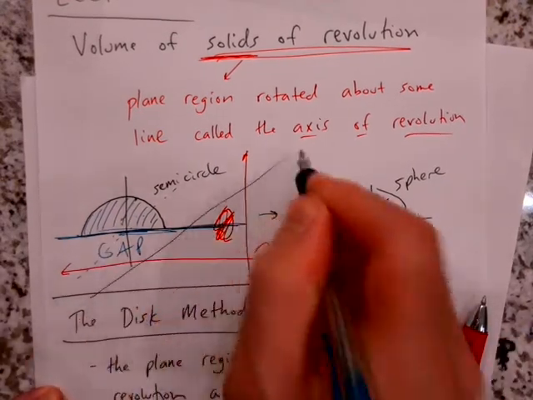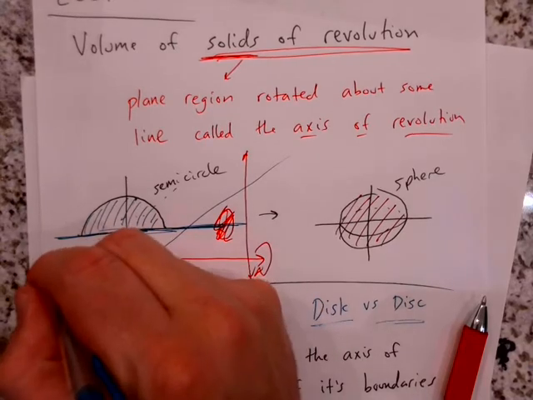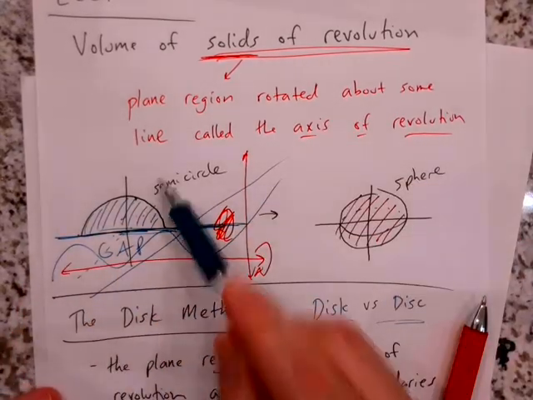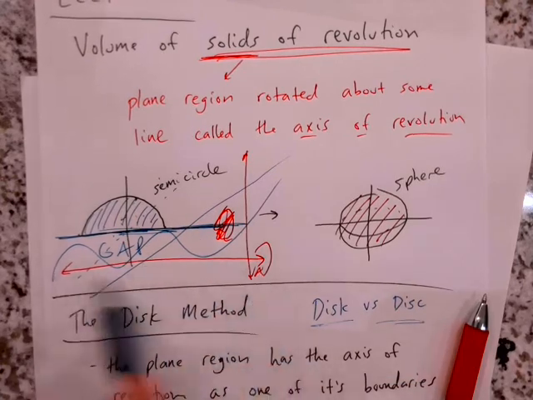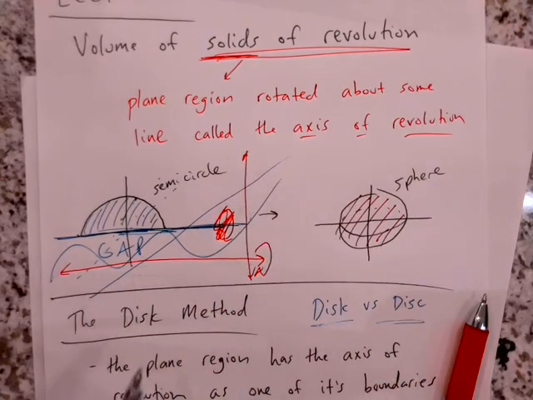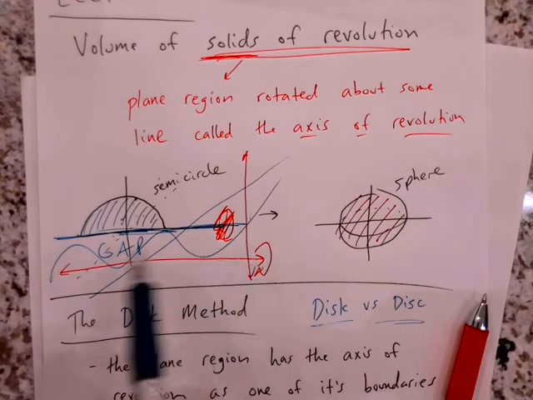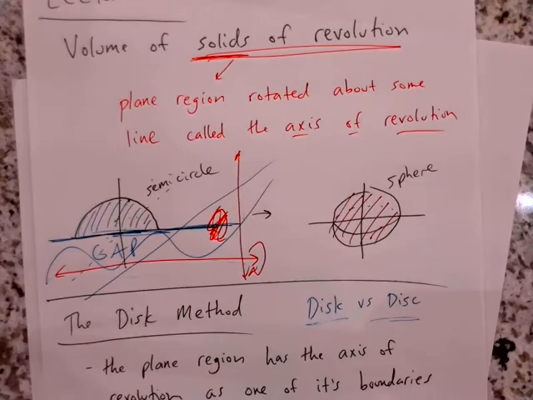You could rotate about this line, or it could be any curve. You could rotate the region about that curve. We will stick to horizontal and vertical axes of revolution in this class, but it could be anything. Okay, so let's figure out how the disk method works.